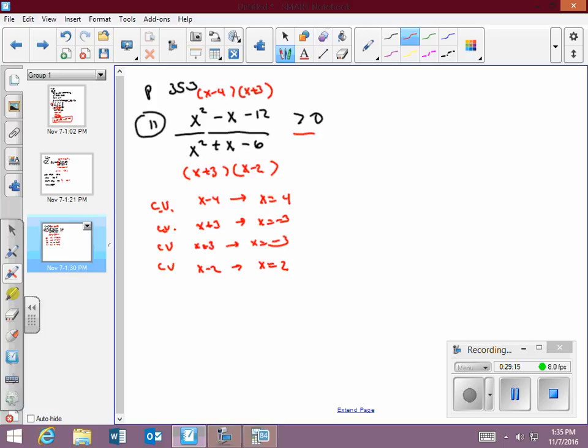All right. Now, when you do that plus minus stuff, you're going to have to do plus minus for x minus 4, x plus 3, and an x plus 3 again, and an x minus 2. Don't just do it for x plus 3 once, because you see the numerator and denominator have an x plus 3 in them, and they can be plus or minus, right?